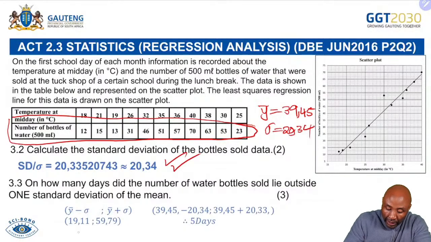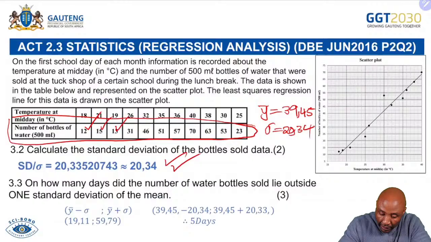We go to our table. We count those that are below 19. We'll have 12, 13, 15, 31 is within, 23 is within. So these ones are within, and 63 is outside, 53 is within.